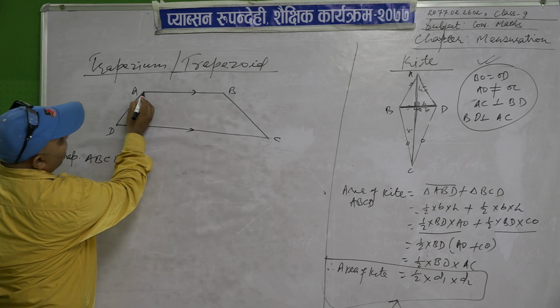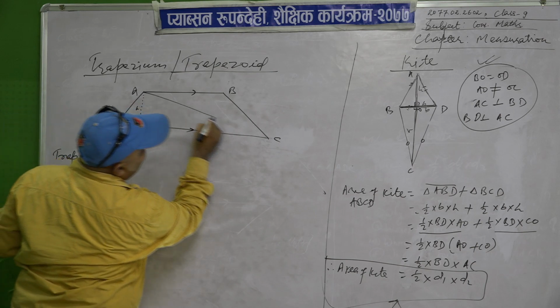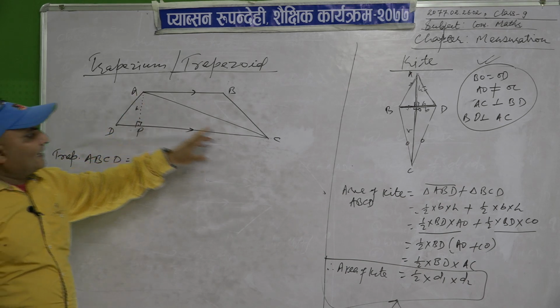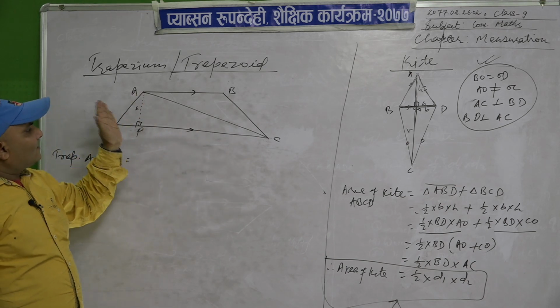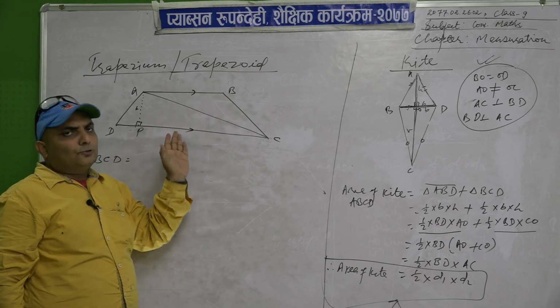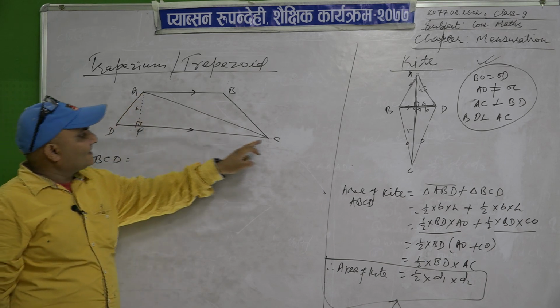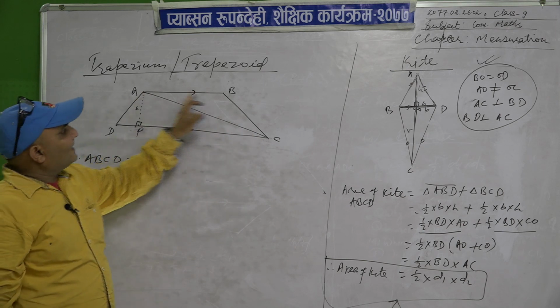Now suppose here is the diagonal AC. AC is a diagonal, and this diagonal divides the trapezium into two parts: triangle ADC and triangle ABC.